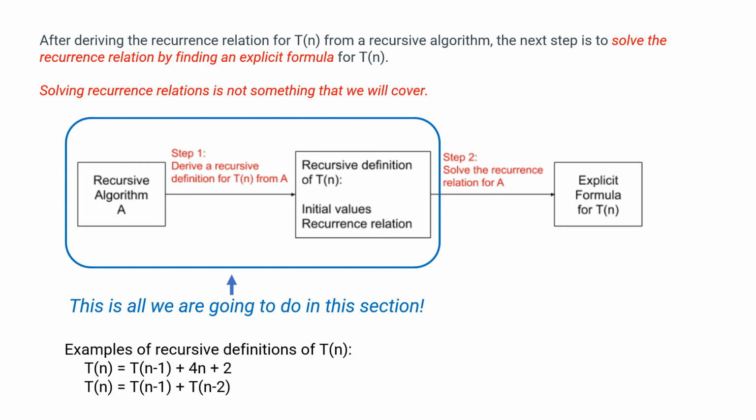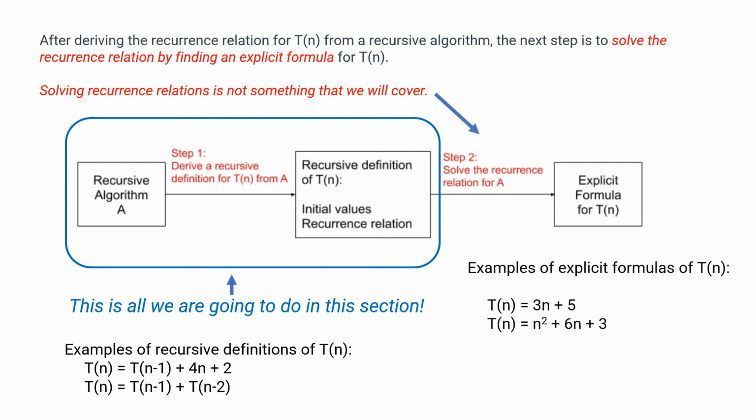So those would be some examples of recursive definitions. These would be the explicit formulas where you just have a function we can plug in n and actually get a number. That's what we're not going to be doing here in this section. So we're fine with coming up with just the recursive definitions.